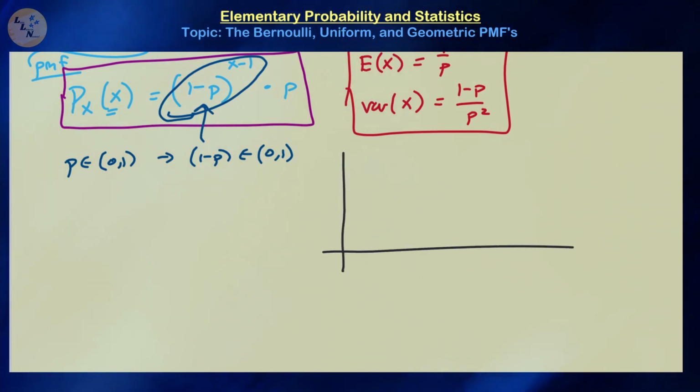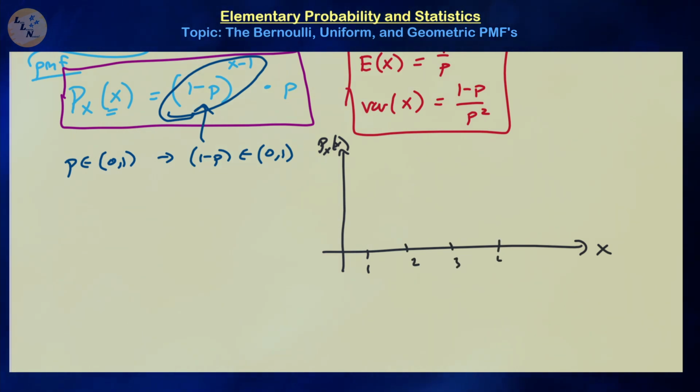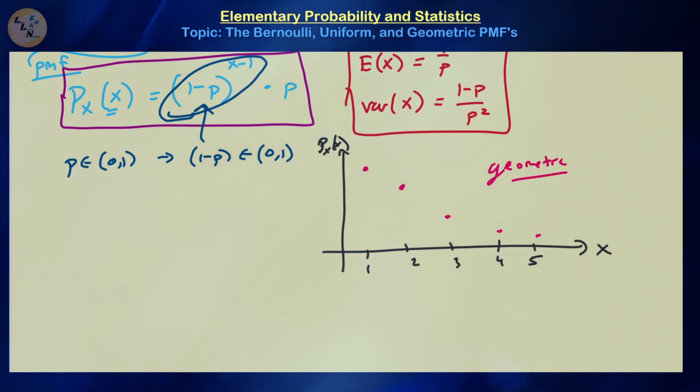So if we look at the graph of this particular probability mass function, so 1, 2, 3, 4, 5, and so on, remember, we need at least one trial for a success to occur, so the domain of a geometric PMF is 1 to infinity, but only the integers. So we're going to have the highest value, and then it's going to slowly decay to 0, but never reaching it, just decaying to 0. All right? So that's the graph of a geometric random variable probability mass function.